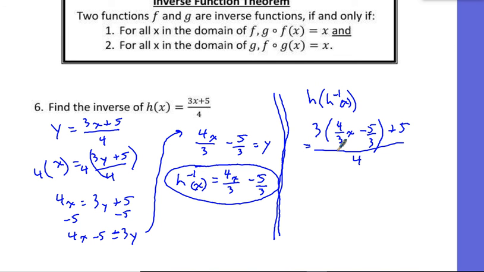Distribute the 3 and I have (4x minus 5 plus 5) all over 4. Combine like terms in the numerator and I just have 4x over 4. 4 divides by 4 to be 1, leaving me with just x.